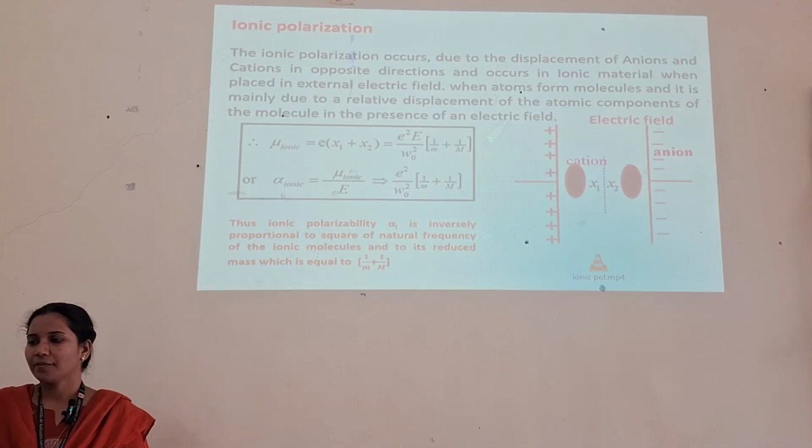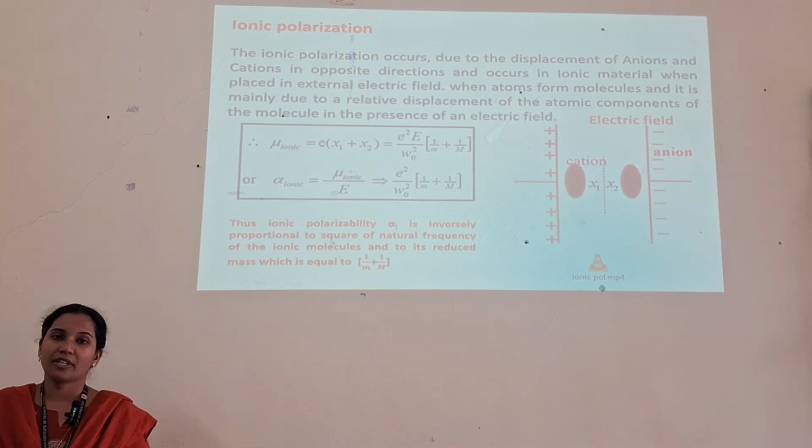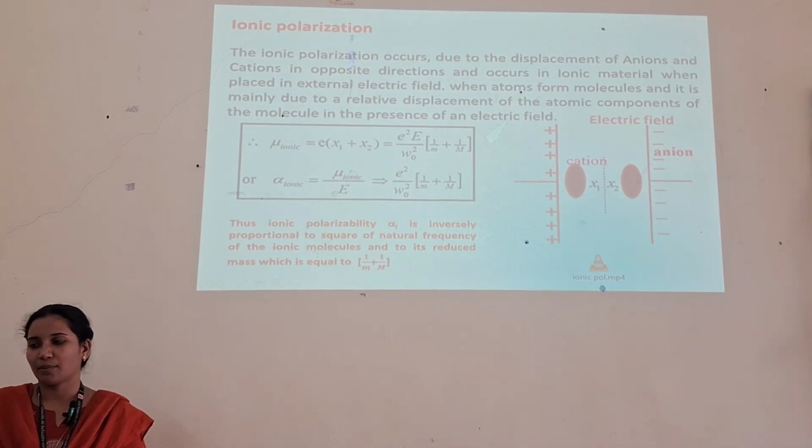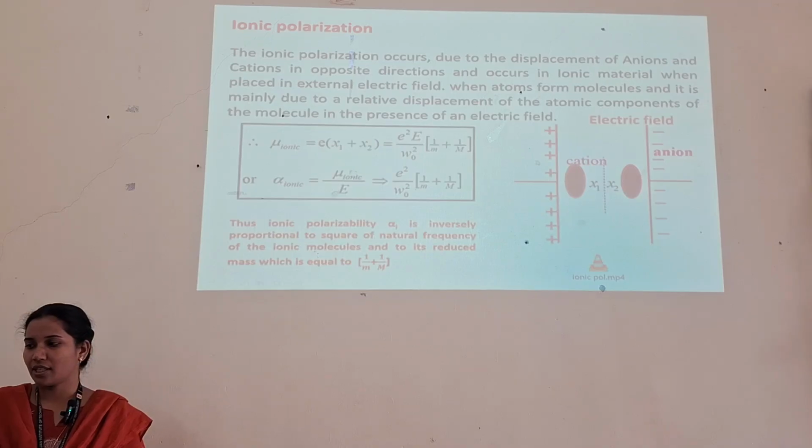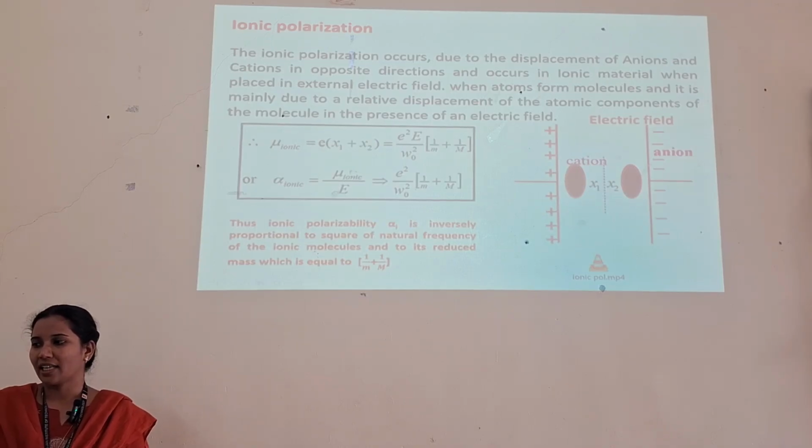As you can see here, mu ionic equals E square E by omega naught square into 1 by small m plus 1 by capital M. Thus, we can say the ionic polarizability alpha I is inversely proportional to the square of the natural frequency of the ionic molecules and its reduced mass, which is equivalent to 1 by m plus 1 by capital M. You can see this figure, where we can see displacement of anions and cations in opposite directions.